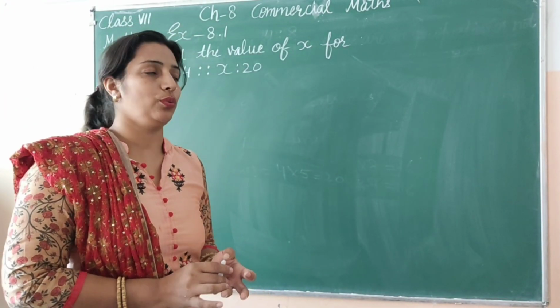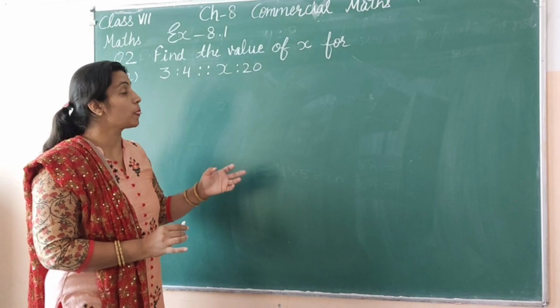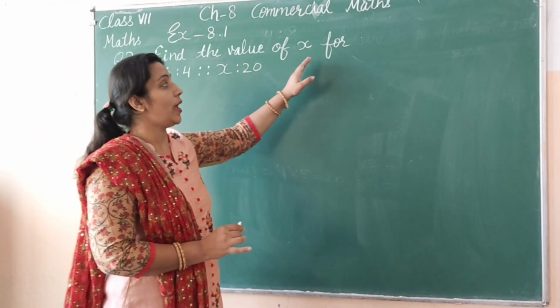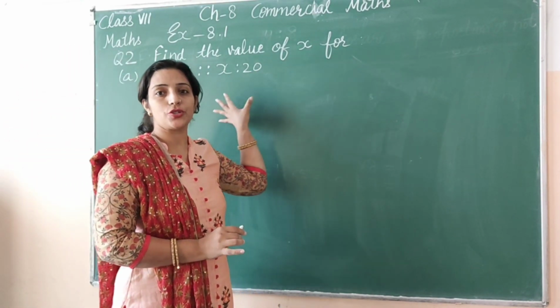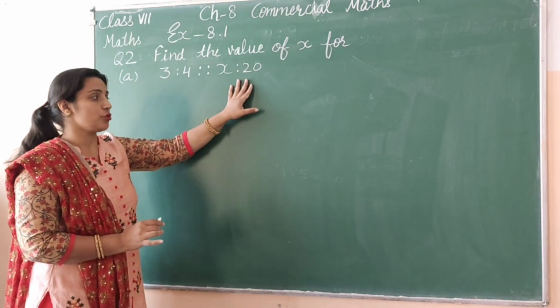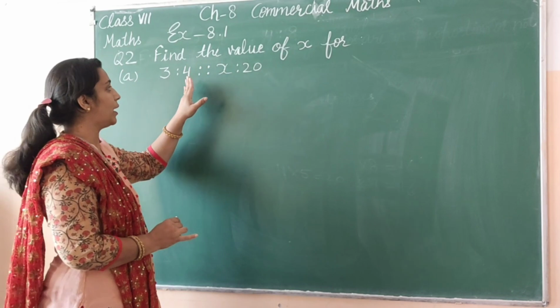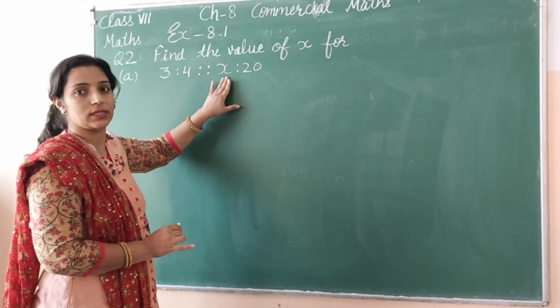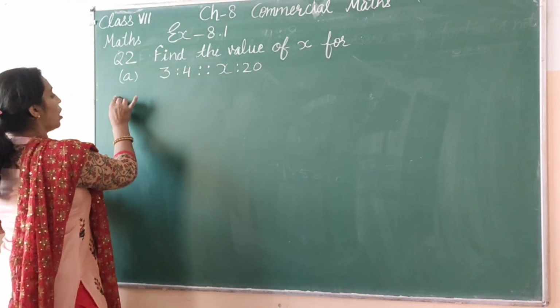Now question 2 of exercise 8.1. Find the value of x for the ratios which are given in proportion. These two ratios are already in proportion and we have to find the value of x. So how will we do this?